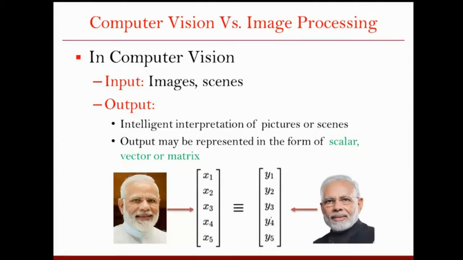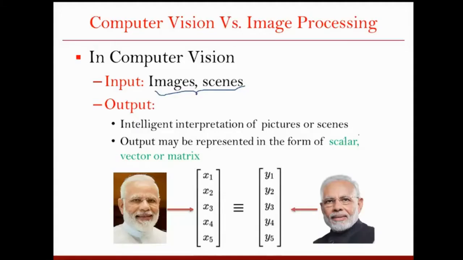In computer vision, our inputs are images or scenes, as we discussed, but the output will not be images or scenes. From those images or scenes, through our computer vision processing, we will extract some information. So the output is always going to be some information. That information may be represented as a scalar value, or as a vector, or as a matrix, depending on what kind of output you are getting.